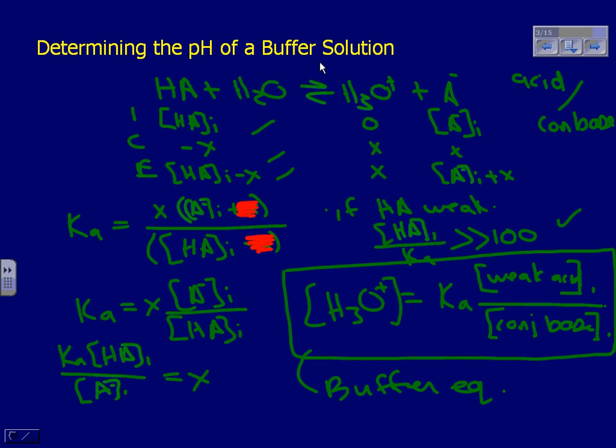Yep, Jesse? Kb, the weak base over the conjugate acid, and that's initial. And that's going to be the OH minus for a buffer that is a base and its conjugate acid, where that thing's better at being a base.